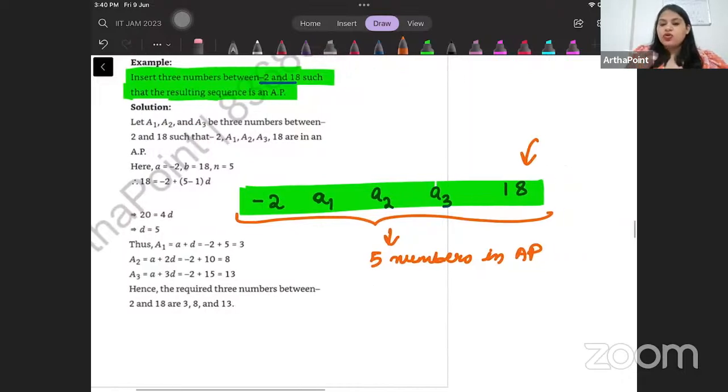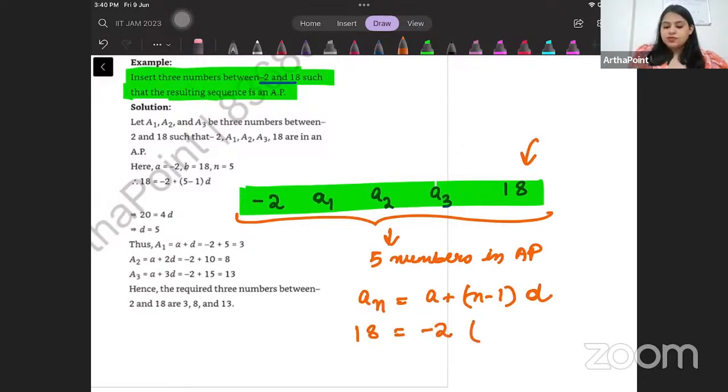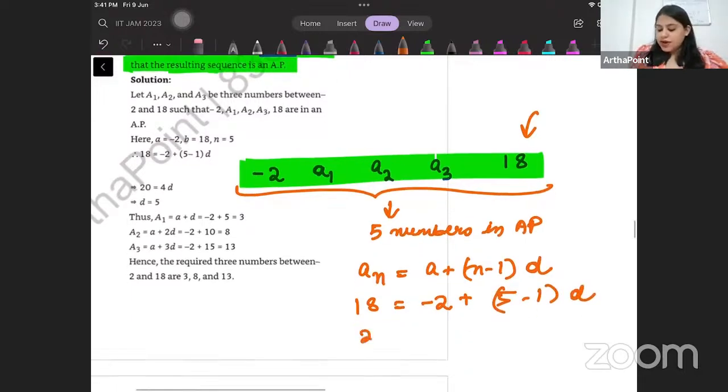So beta, how do you go ahead and solve this thing? We know that the nth number is A plus N minus 1 into D. Last number is 18. First number is -2 plus I have 5 numbers that I want to have in the series, so 5 minus 1, into common difference D. So it will be 20 is equal to 4D.